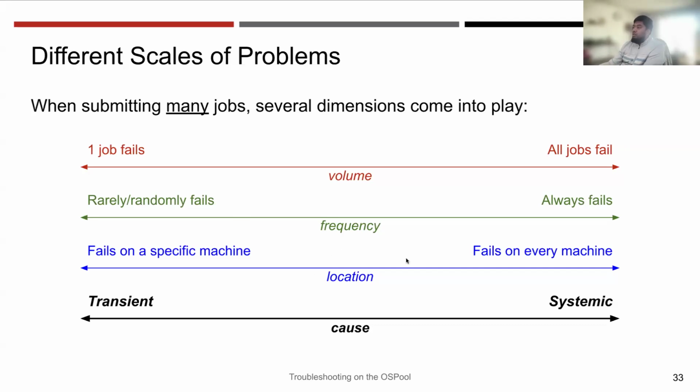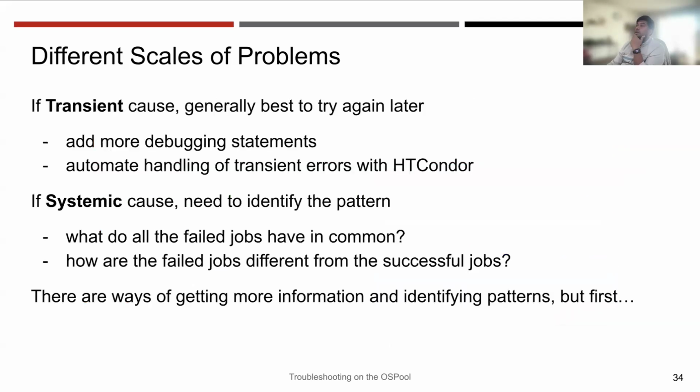And also, where is your job failing? Is it failing on every machine or on a specific machine? If it fails on a specific machine, then it's easier to find out the issues, or we can localize the error to only that machine. And is the cause systematic, happening every time, or is it very transient?